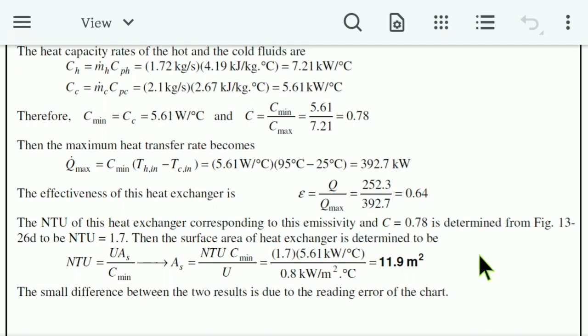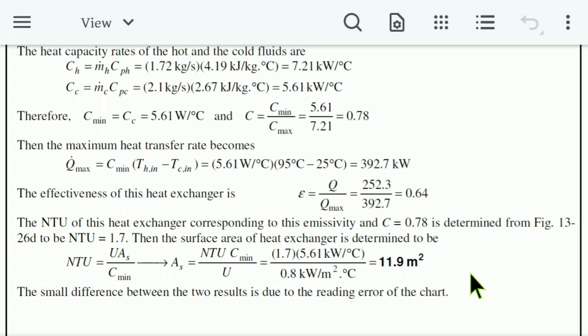Then the surface area of heat transfer is determined from this equation: NTU is equal to U As divided by C min. So As is equal to NTU multiply C min divided by U. The value of NTU is 1.7. C min means 5.61 kilowatt per degree Celsius and U means 0.8 kilowatt per meter square degree Celsius.